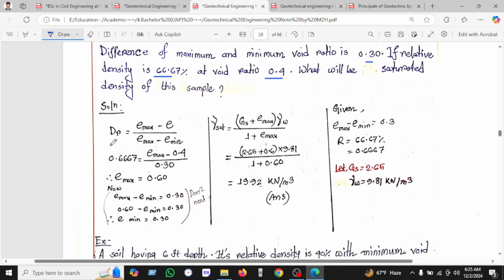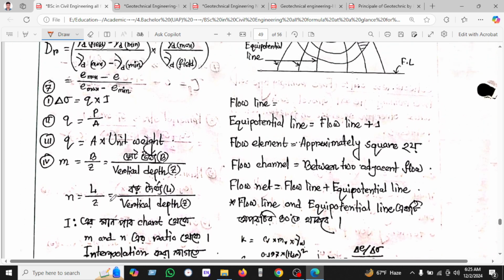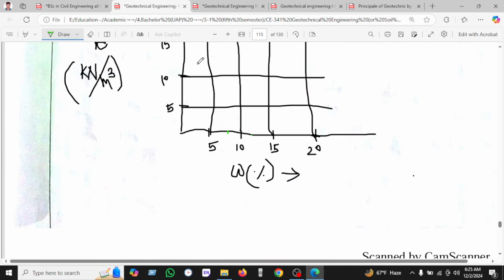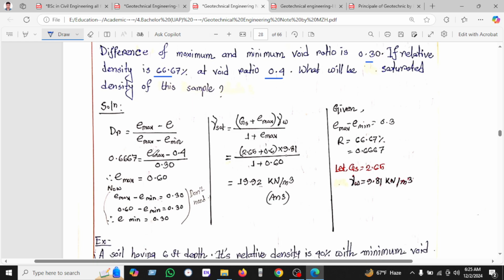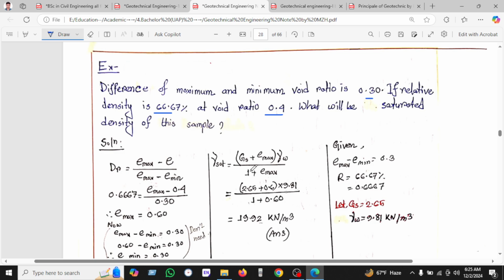So the dry density we know from this formula sheet: relative density equals e max minus e divided by e max minus e min, and we found the e max is 0.66. Another one: saturated density equals GS plus e times gamma W divided by 1 plus e, and we found 19.92. Given this value, we have found the saturated density of soil.